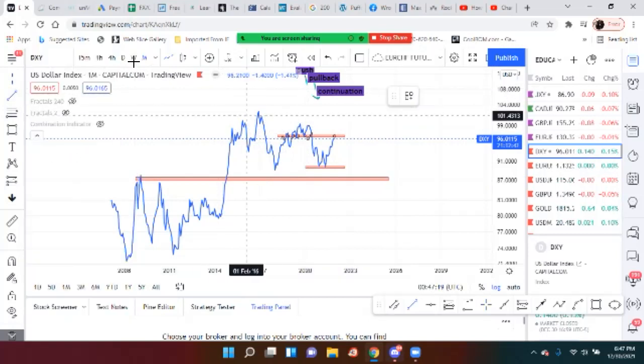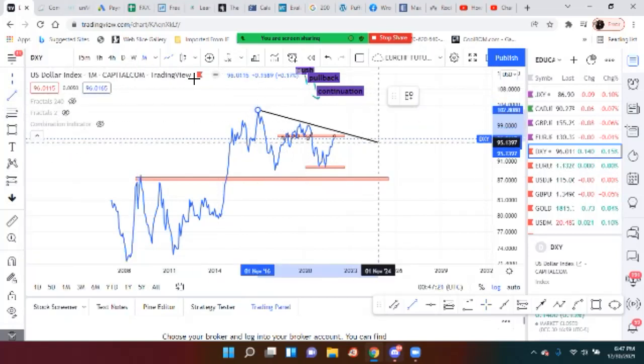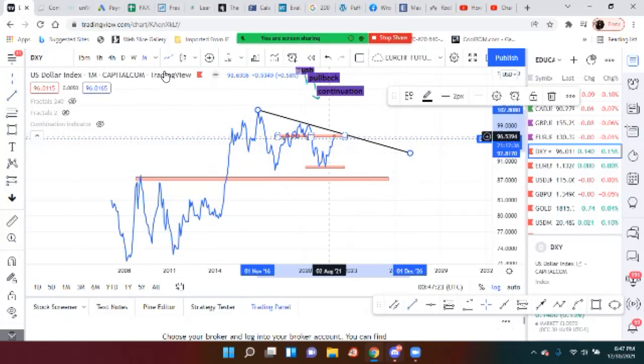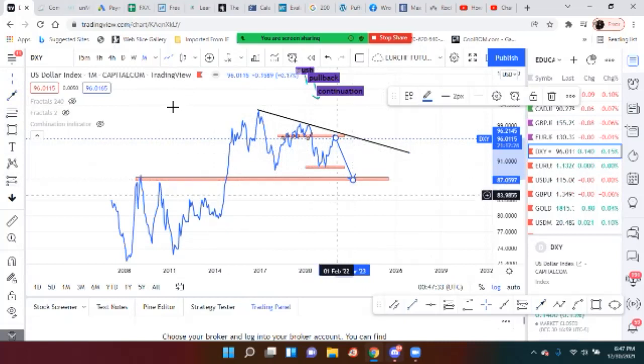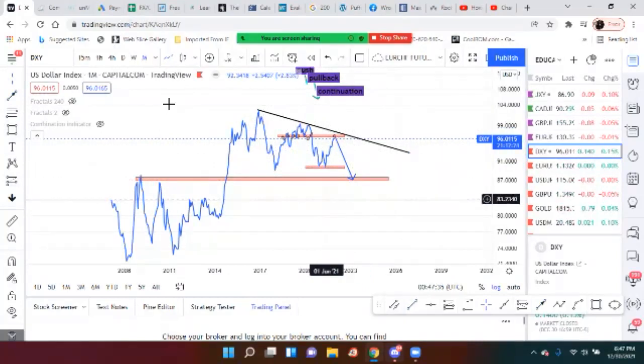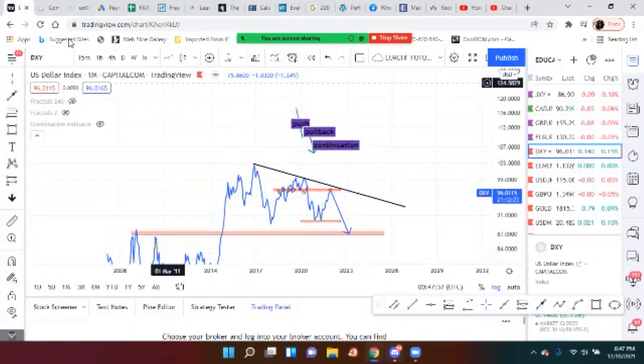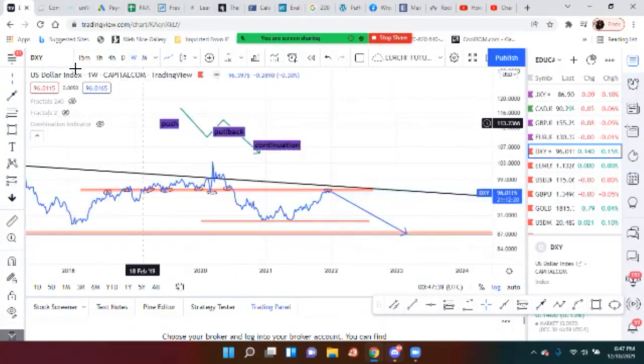So you start using your confluences. There's a possibility, even with this COVID and all this stuff, the dollar can possibly make a lower low. Possibility. So remember, push, pullback, continuation.